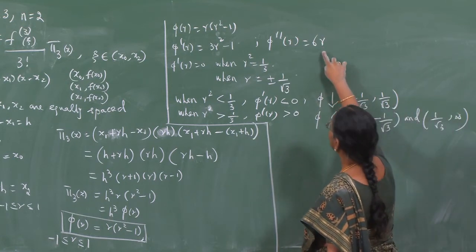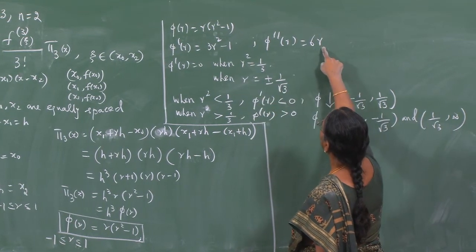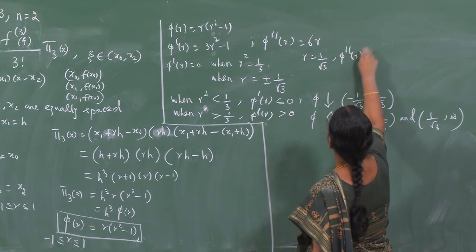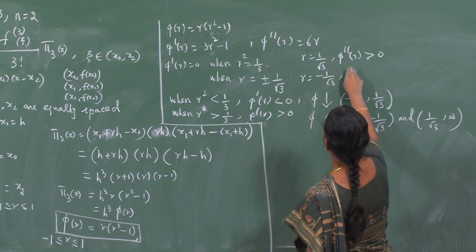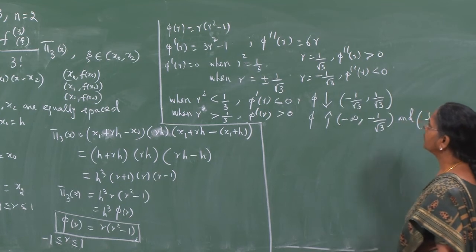So, at r equal to plus 1 by root 3, phi double dashed of r is positive, and at r equal to minus 1 by root 3, phi double dashed of r is negative.